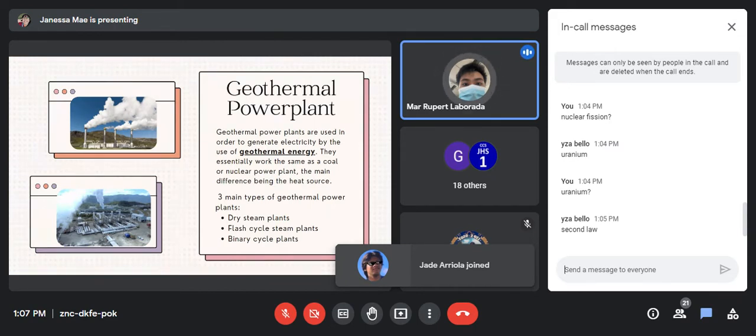They essentially work the same as a coal or nuclear power plant. The main difference being the heat source. There are three main types of geothermal power plants: dry steam plants, flash cycle steam plants, and binary cycle plants.